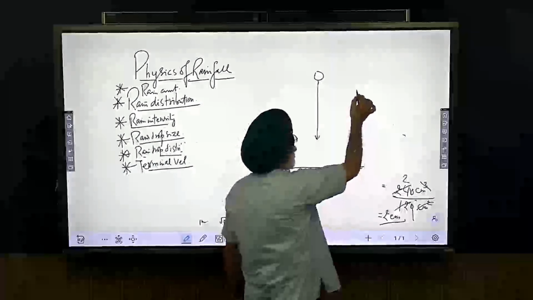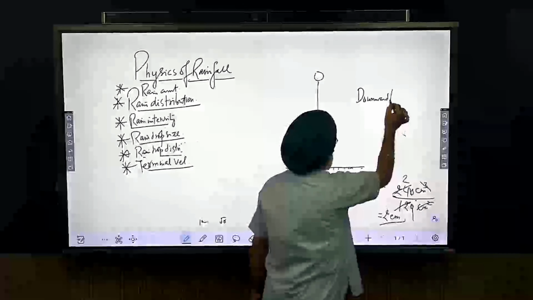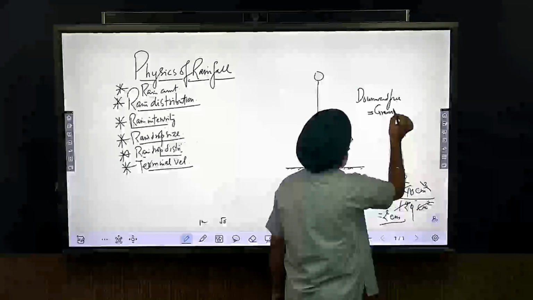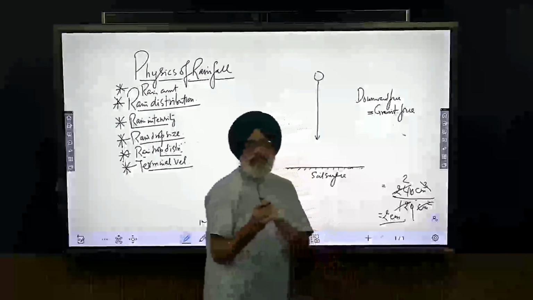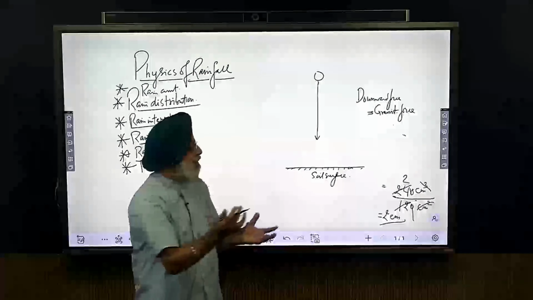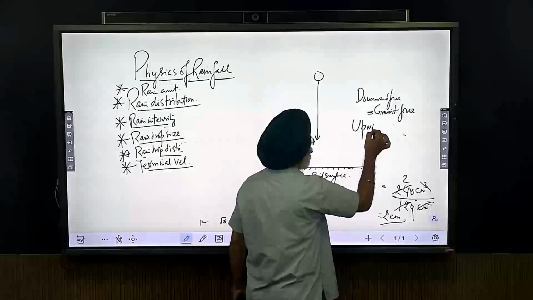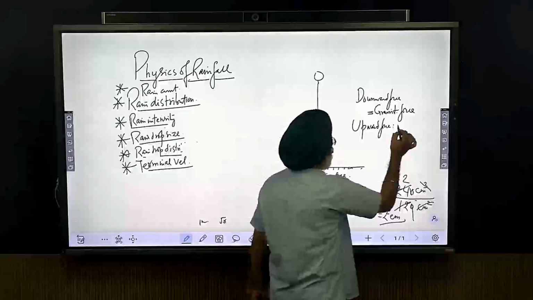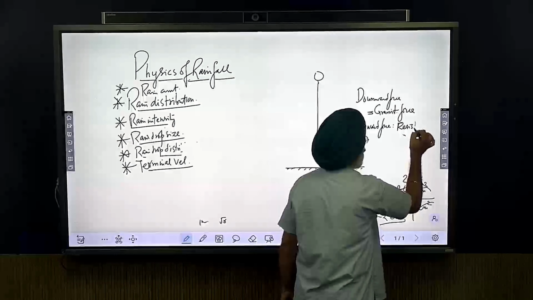So the downward force is the gravitational force, but at the same time the atmospheric pressure pushes it up. So the upward force is the resistance of the atmosphere.